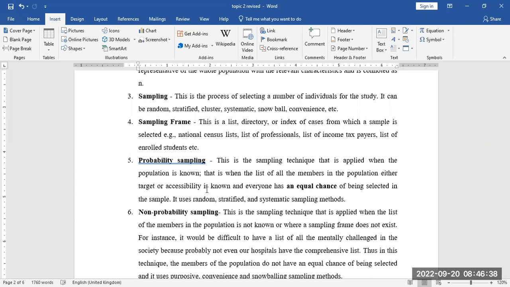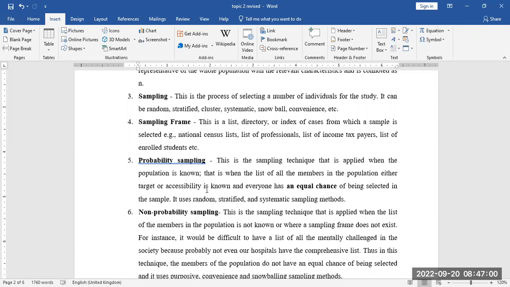In both probability and non-probability sampling techniques, we have various subcategories.